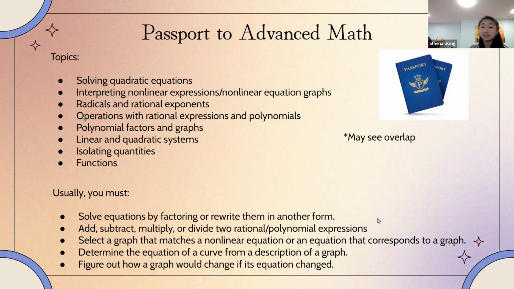And then selecting a graph again, because you have to match the graph to the equation. This is what we're going to be doing still. And then we have to figure out how the graph would change if the equation is changed again. So there's a lot of overlap between these two. A lot of it is algebra. And we're just going to be going over the basics.